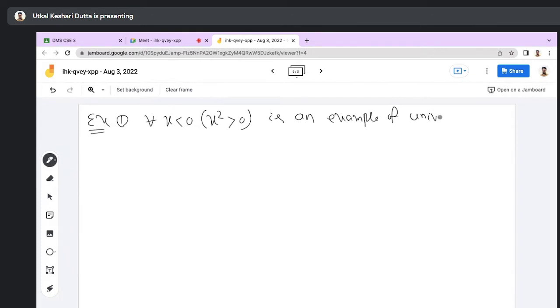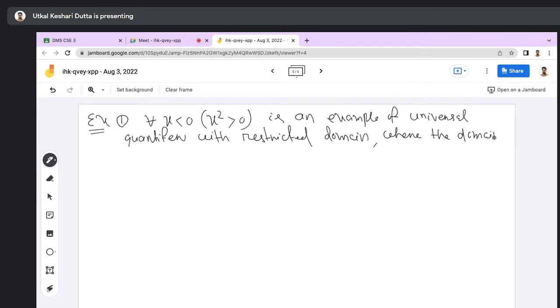It is an example of the universal quantifier with restricted domain, where the domain is the set of all real numbers.